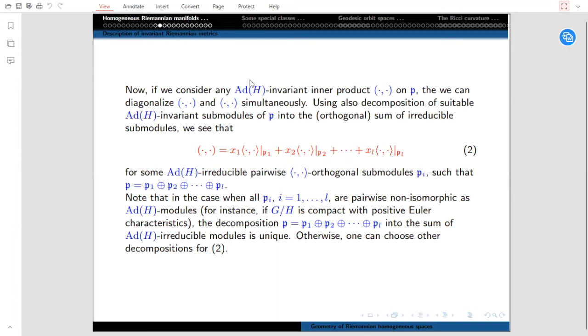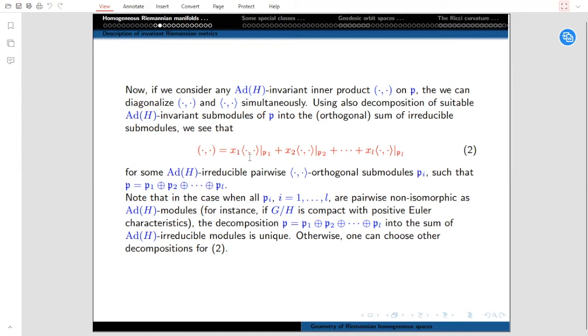If we have two inner products, then we can diagonalize them simultaneously, yes? Using also the decomposition of suitable H-invariant submodules into an orthogonal sum, we see that after this simultaneous diagonalization, we can represent the inner product in the following form.